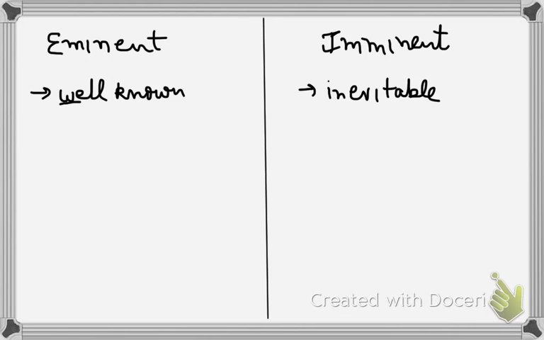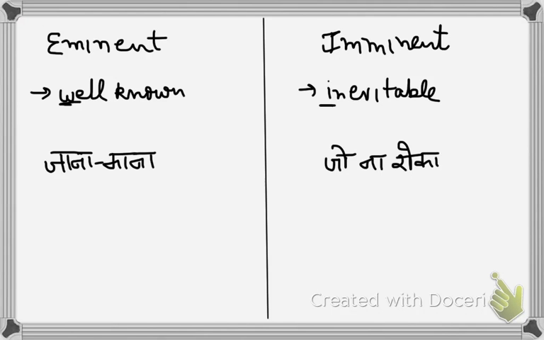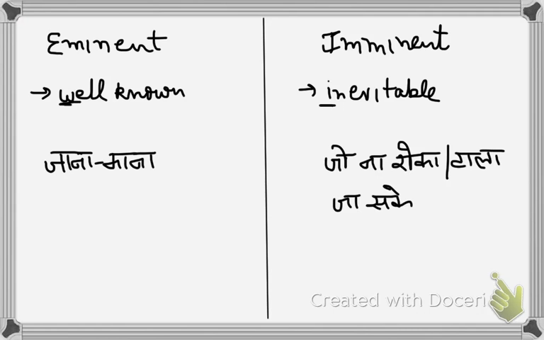Eminent, E from well known, and imminent means inevitable, that is I. In Hindi, eminent is जाना माना व्यक्ति, like Tata, Ambani, the Prime Minister and all, everyone is well known. And imminent means that which cannot be stopped or avoided. These are rather simple words, easy to distinguish, so you can clearly remember their meanings and usage.